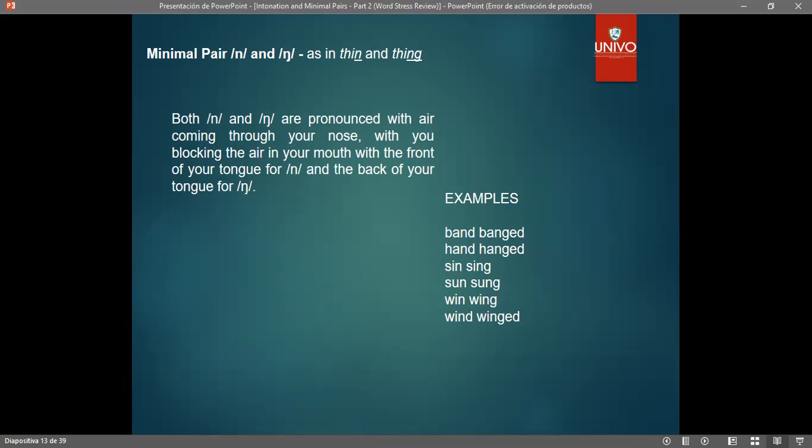For example, it's very easy for me to tell you, guys, you have to present an exposition about the minimal pair. So I would be assigning you a piece, and you have to look for the sounds, the symbols, and some examples. But I think this is not correct. I provide you the information, but you have to do one thing because it's very important to study. Because if you are not studying, believe me, at the end you're going to pass anyway.